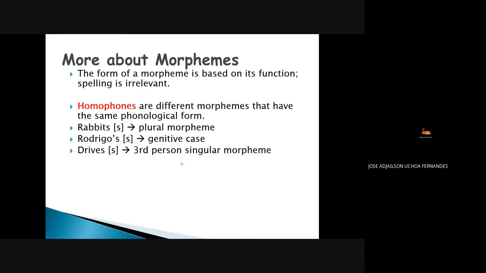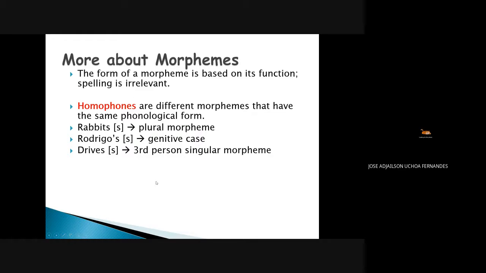Or drives. She drives very well. This other S has the same phonetic realization, but is the third person singular morpheme. You see? So in this case here, what I have is just a coincidence in sound, but they are homophones. This is plural, this is genitive, this is third person singular.